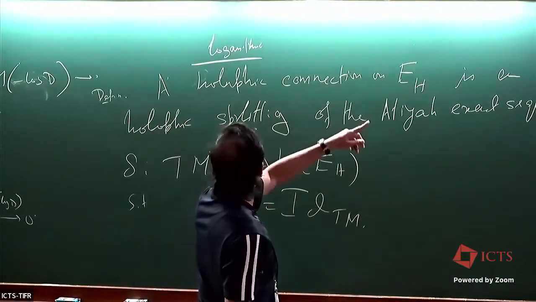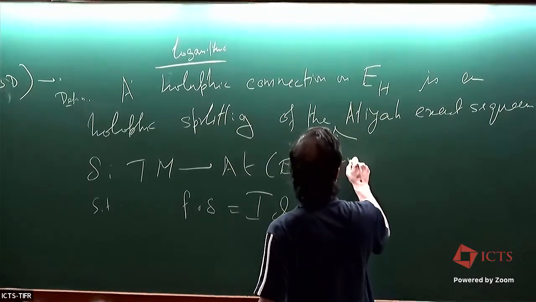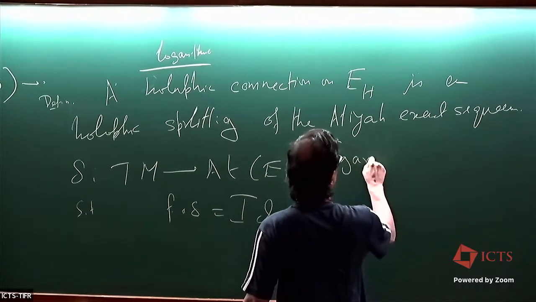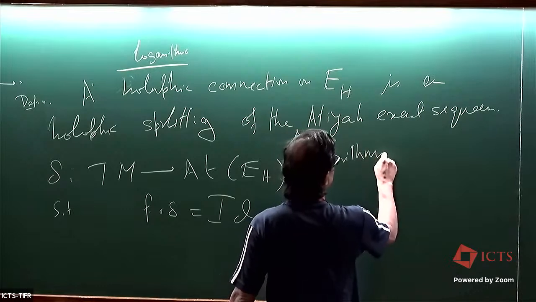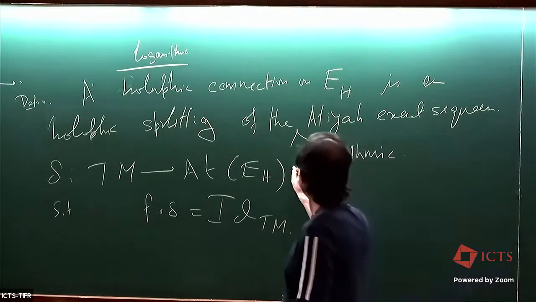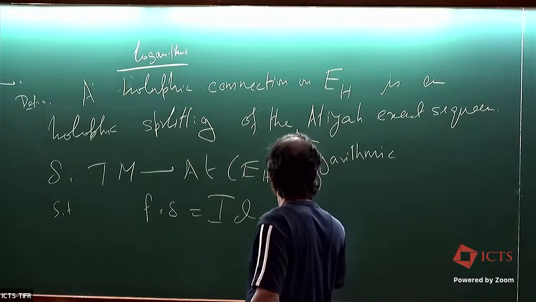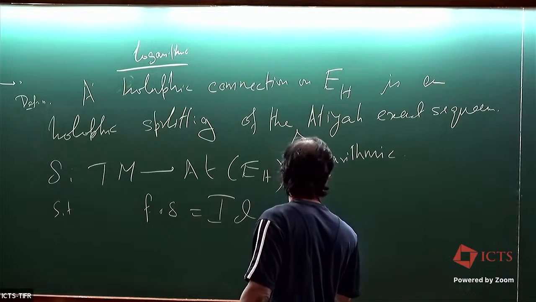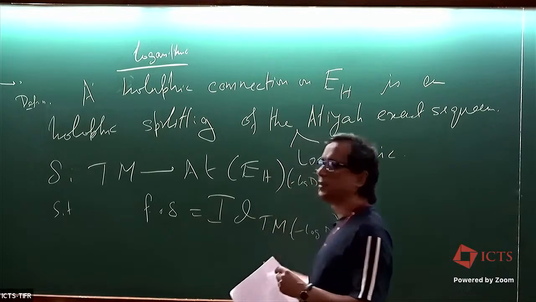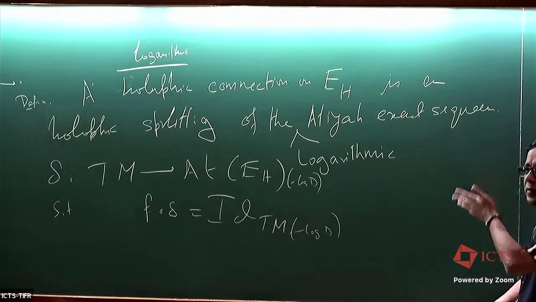A logarithmic connection on EH is a holomorphic splitting of the logarithmic Atiyah exact sequence, that means the composition is identity. The same definition, everything is the same, but you replace by log D.